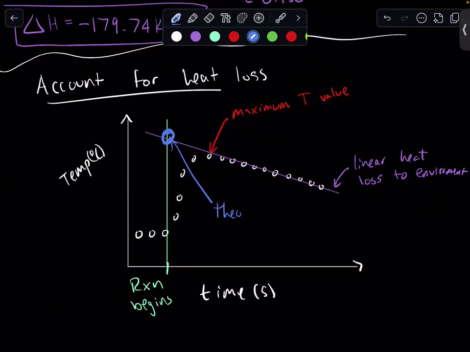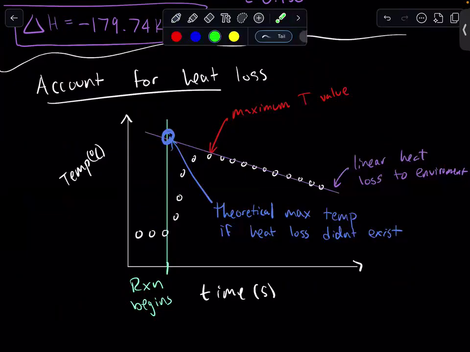This is our theoretical max temperature if heat loss didn't exist. If all the energy went straight into it, we can extrapolate where we should be based on the start of the reaction and the heat loss. So you should be able to analyze these graphs as you move forward.